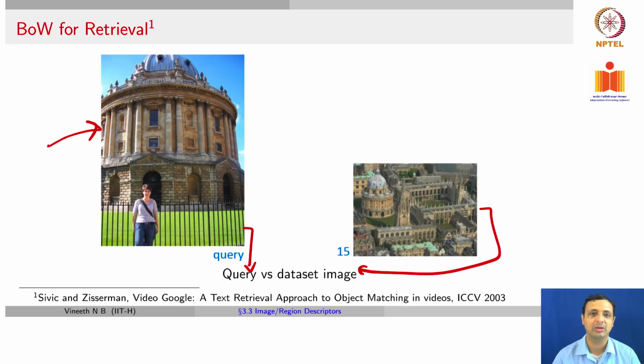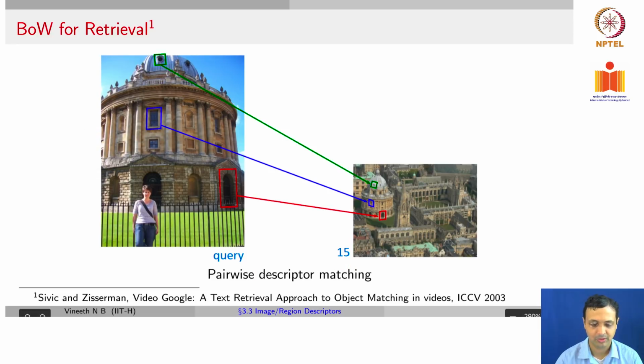For example, you could upload a cat image on any search engine and ask the search engine to retrieve similar cat images. A very similar example here. Let's assume that there is a 15th image in your dataset, which has an occurrence of the similar structure. Now let's see what would happen earlier and how we would change things now.